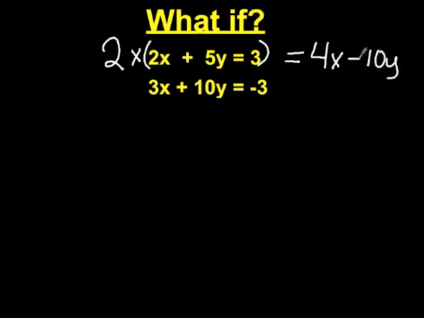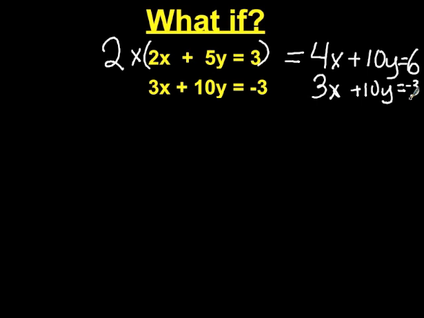There's an addition sign between them. Equals 2 times 3 is 6. And then we aren't going to multiply anything by the bottom one, and we'll get 3x plus 10y equals negative 3.